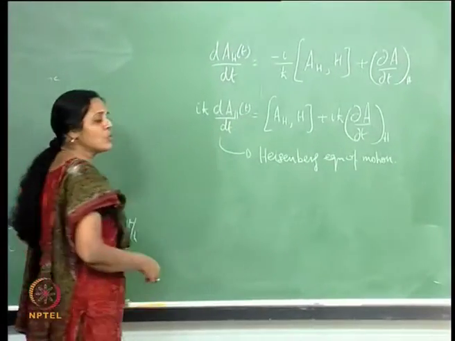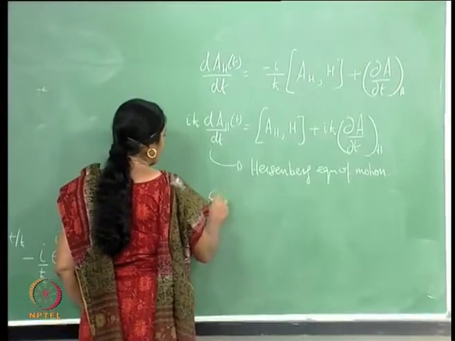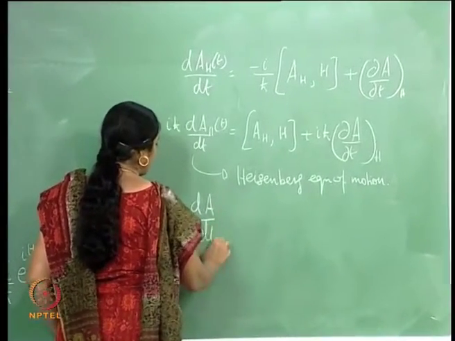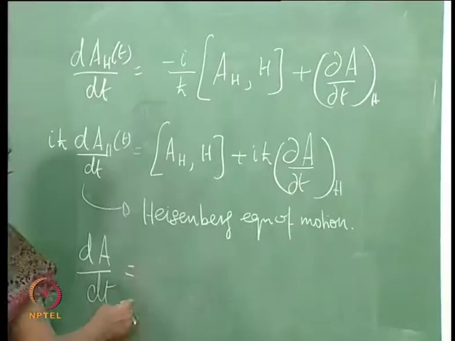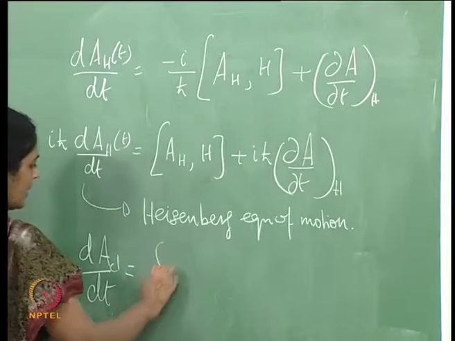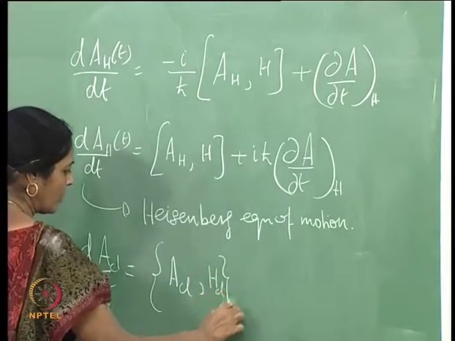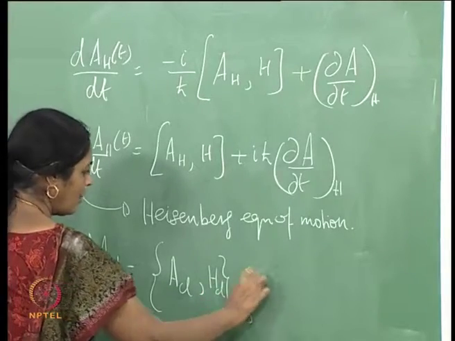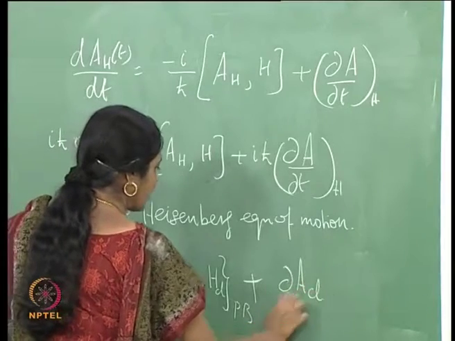Compare this with what you have in classical physics. In classical physics, for any dynamical variable A, if you want to find out its temporal evolution, dA classical by dt is the Poisson bracket with the classical Hamiltonian plus delta A classical by delta t.